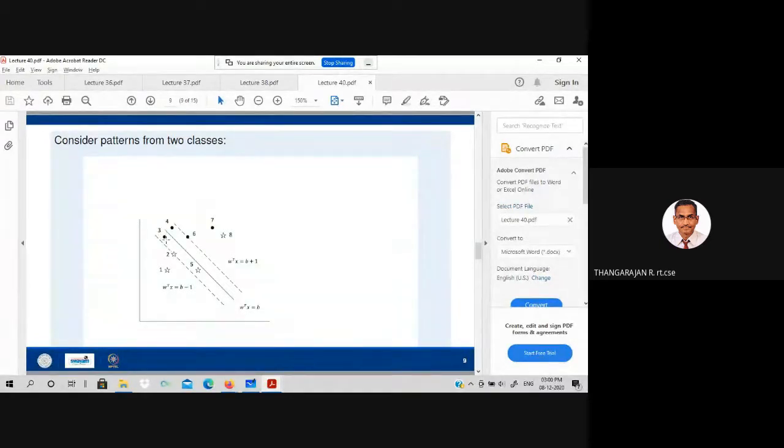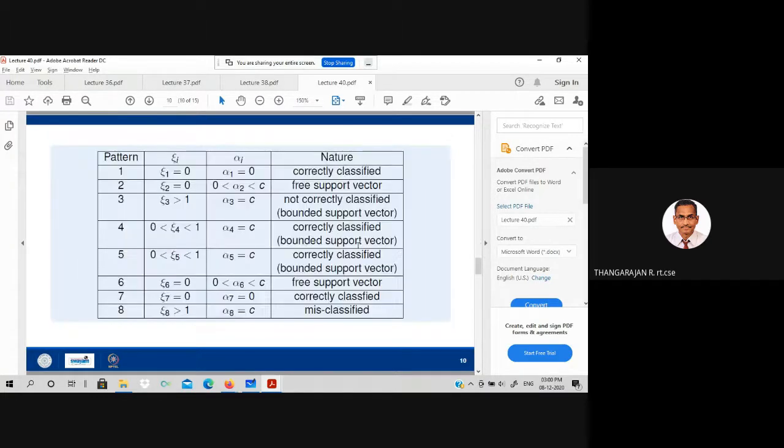Whereas point number 1 is correctly classified, point number 7 is correctly classified, point number 6 is also correctly classified. Point number 5 is also correctly classified, but it falls in the dead zone. Whereas point number 2 falls on the support vector. For that, the different conditions are given here.